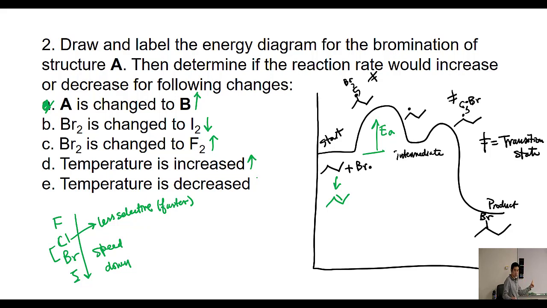And if I decrease the temperature, it's going to slow down. Pretty straightforward. Questions, comments? So I'm just concerned, if instead of bromination it's chlorination, the same concept happens, right? The same concept would happen: if I add heat, chlorination would be faster too. Yeah.